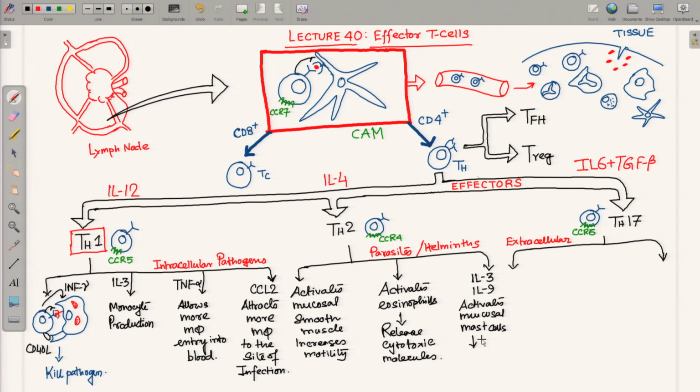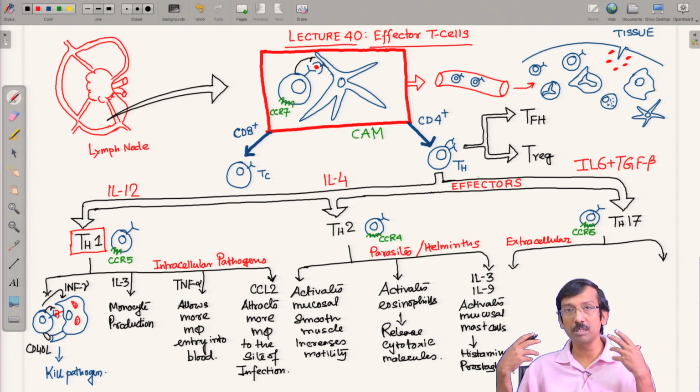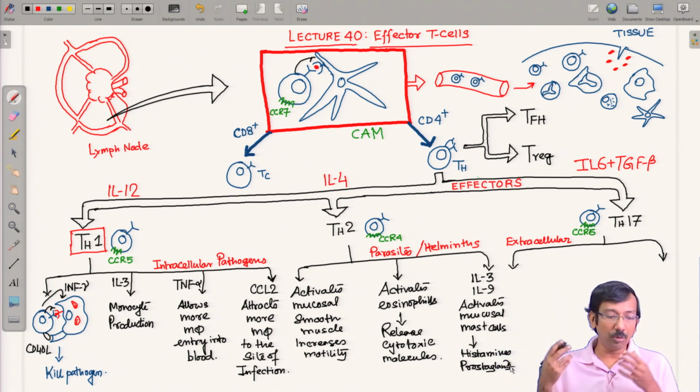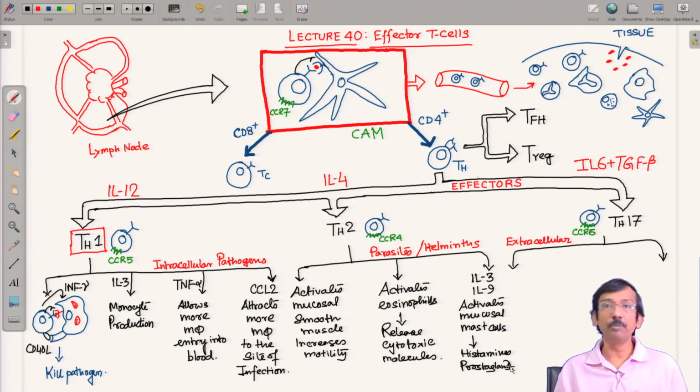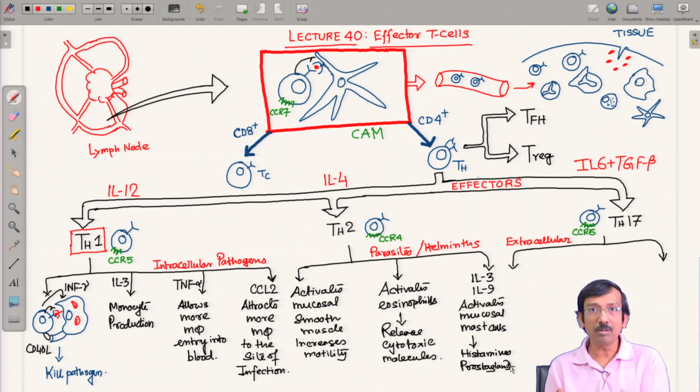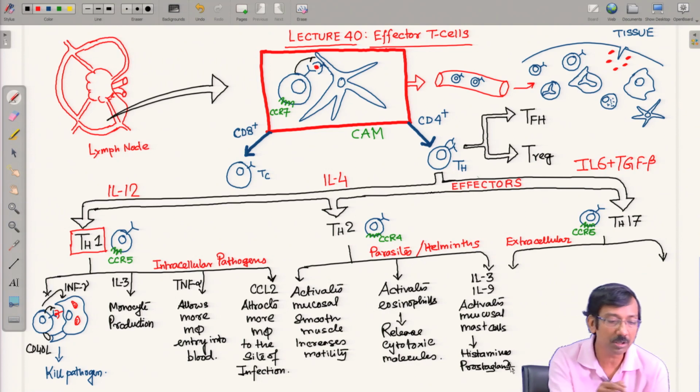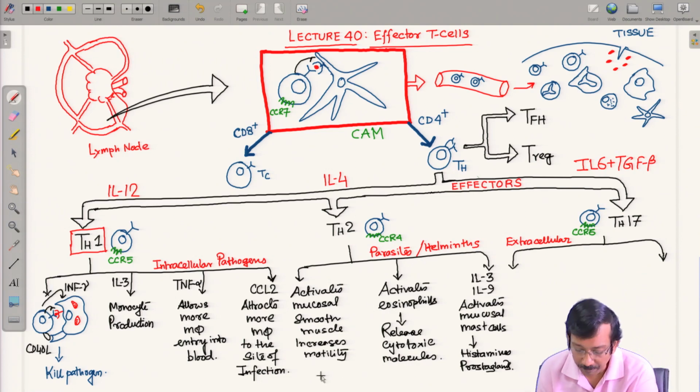So they will start releasing the granules like the histamines, for example, the prostaglandins, and this release of histamines or prostaglandins, these vasoactive amines, would also lead to increased fluid flow in the mucosal lumen. So a basic mechanism by which this Th2 response works is sometimes also known as a whip and sweep mechanism.